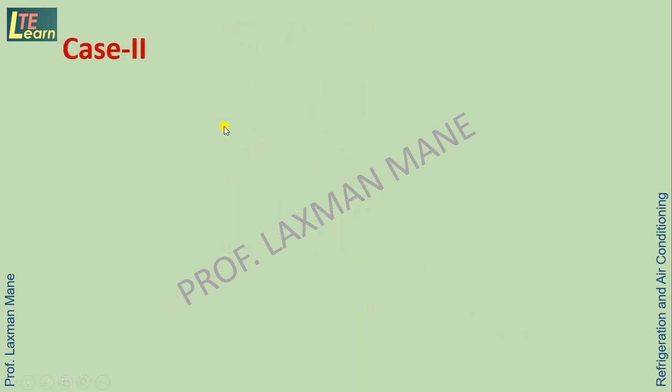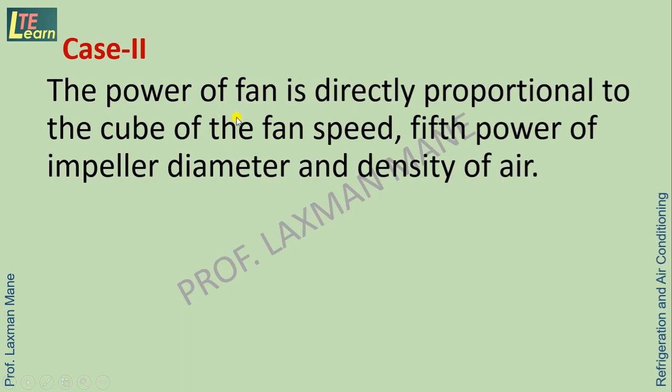Case 2 mentions the power of fan is directly proportional to the cube of the fan speed, fifth power of impeller diameter and density of air. Mathematically, P is proportional to N cube, D raised to 5 and rho A, where P is a fan power, N is a speed, D is a diameter and rho A is air density.